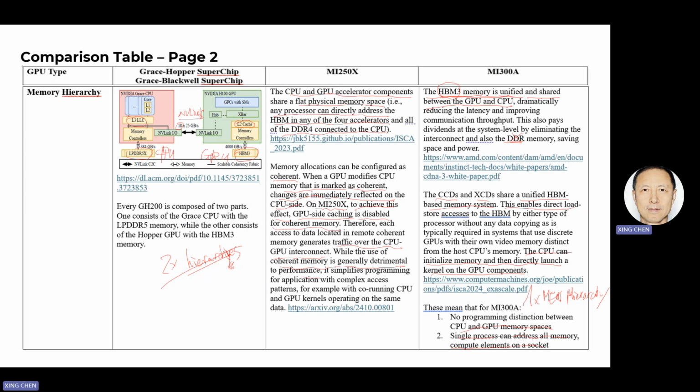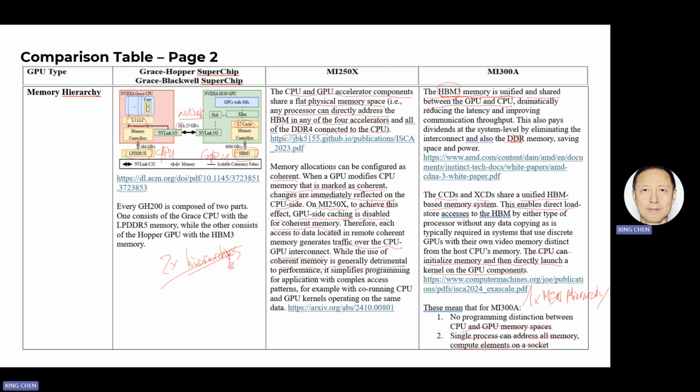That gives the programmer the same benefit, but the architectural differences are in this table, the comparison of these three products.